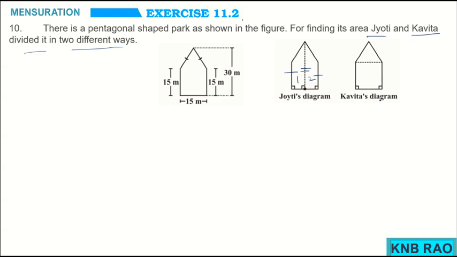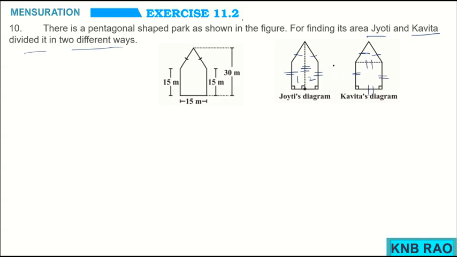Whereas Kavita's diagram suggests that she has divided this pentagon into one isosceles trapezium, one isosceles triangle, and another square.